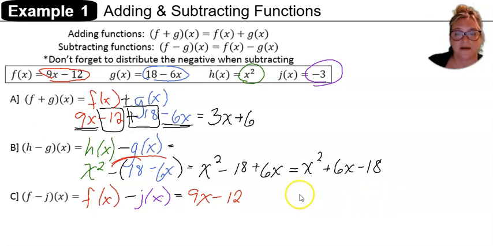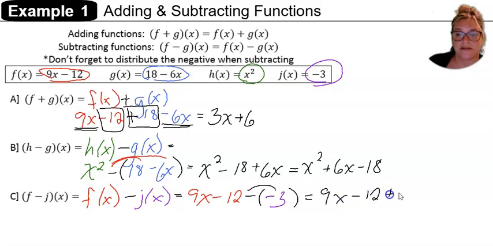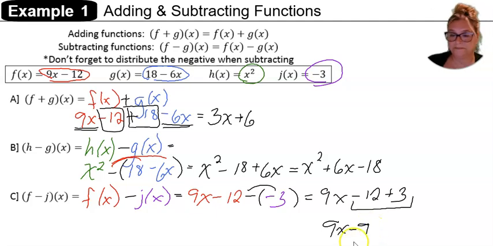And then we're going to subtract, and since we're subtracting, I'm going to use parentheses, and my function j of x is -3. So as we simplify, this negative times a negative is a positive. So we have 9x minus 12 plus 3, and then the -12 plus 3 will combine those like terms, and we have 9x minus 9.